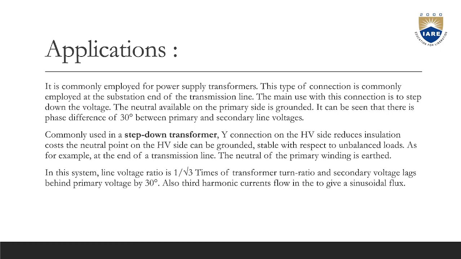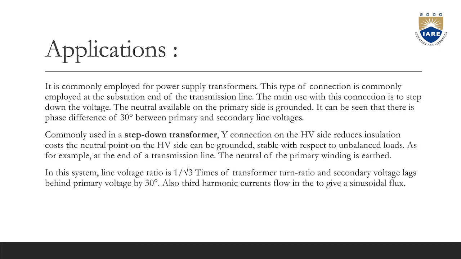The neutral point on the HV side can be grounded, stable with respect to unbalanced loads, as for example at the end of a transmission line. The neutral of the primary winding is earthed.